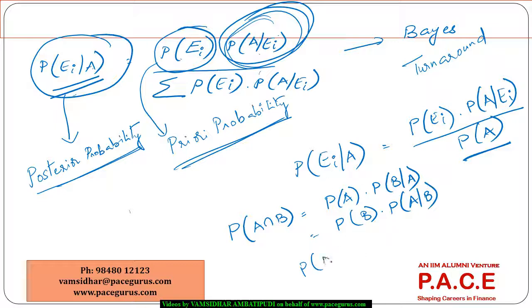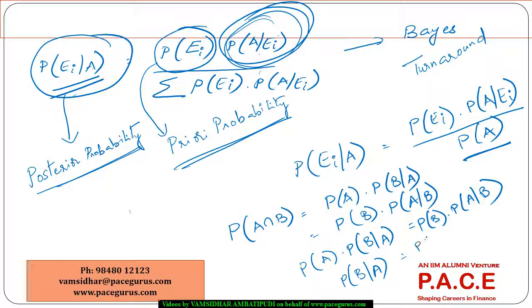P of A multiplied by P of B given A is the same as P of B multiplied by P of A given B. Now just use one of them. P of B given A is nothing but P of B multiplied by P of A given B divided by P of A. This is the Bayes theorem.